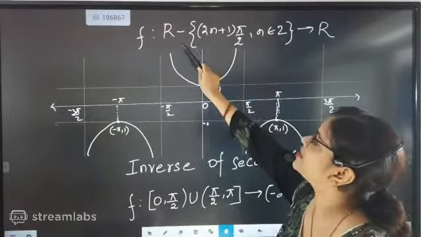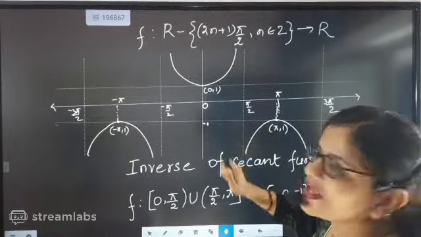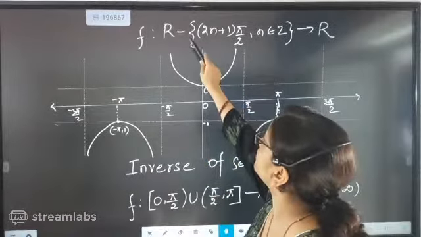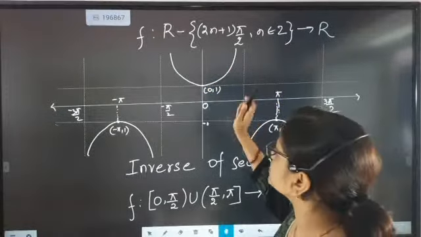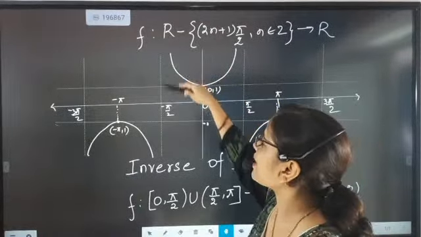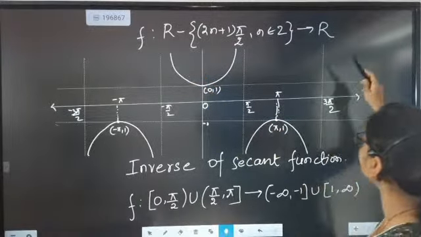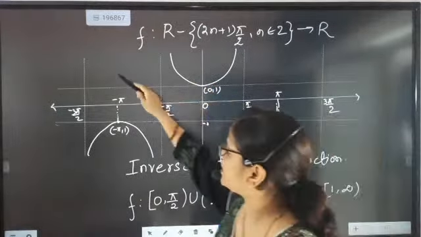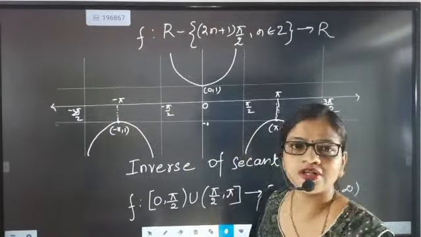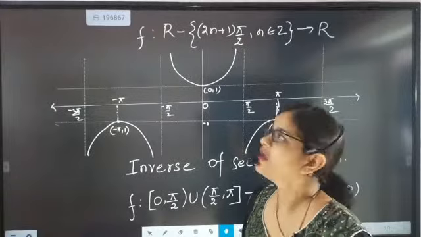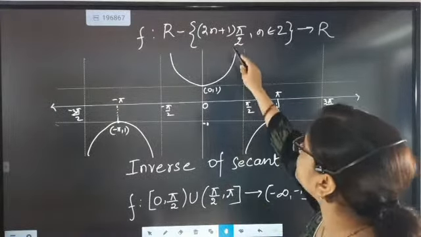In the domain I have written the set of real numbers minus (2n plus 1) pi by 2. The reason for writing this is that at pi by 2, minus pi by 2, 3 pi by 2, 5 pi by 2, there are asymptotic lines. These asymptotic lines do not touch the curve till infinity, because of that the curve will break there.